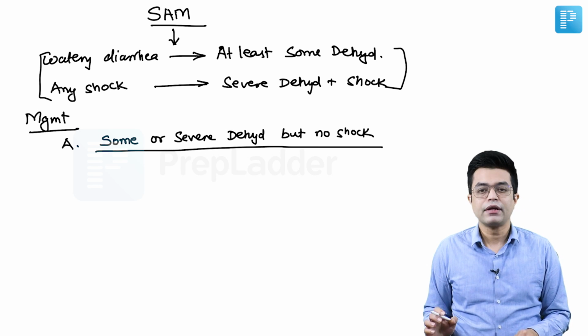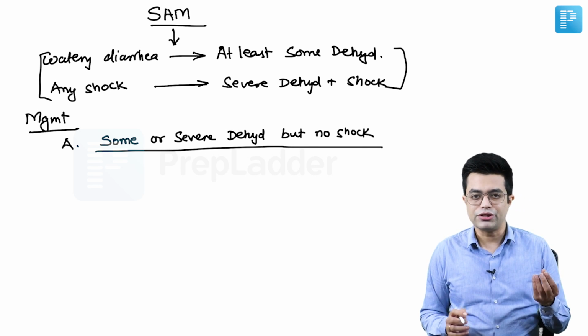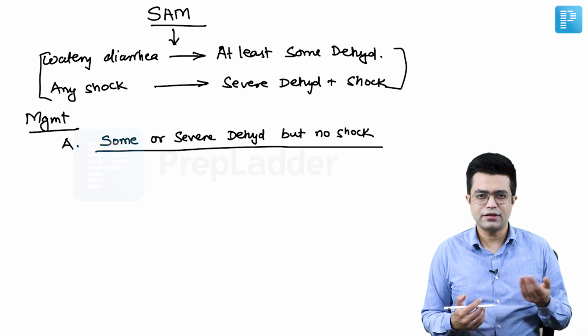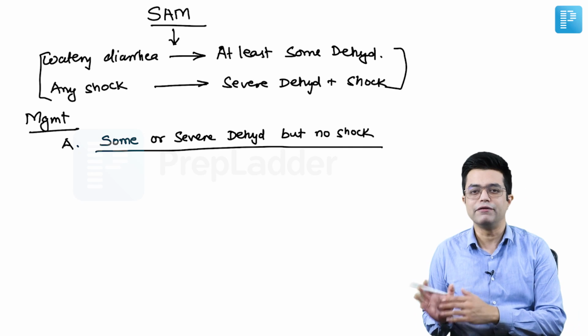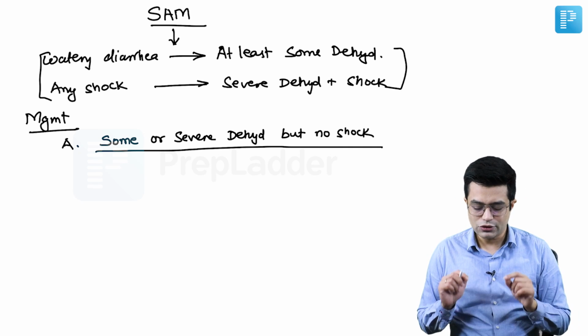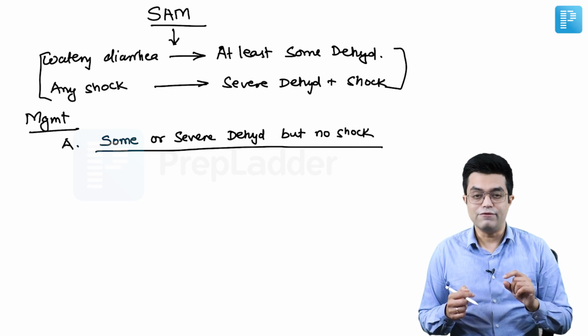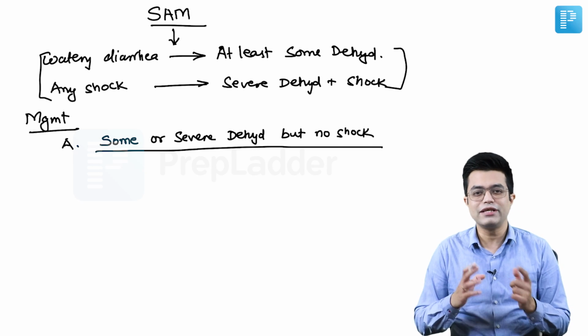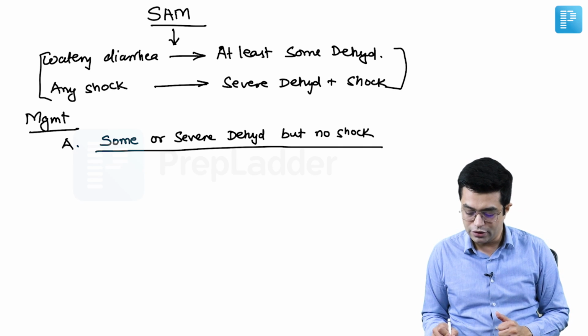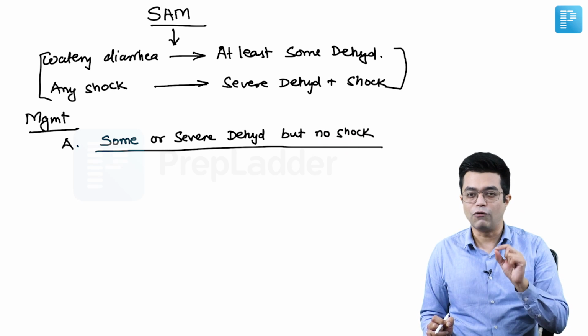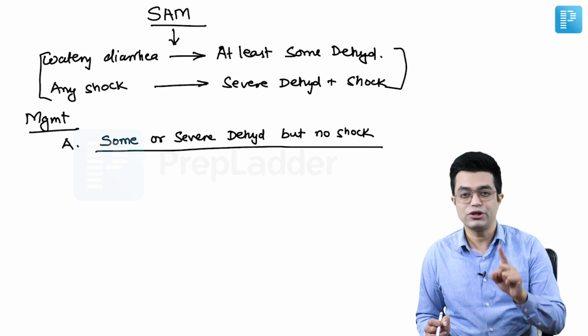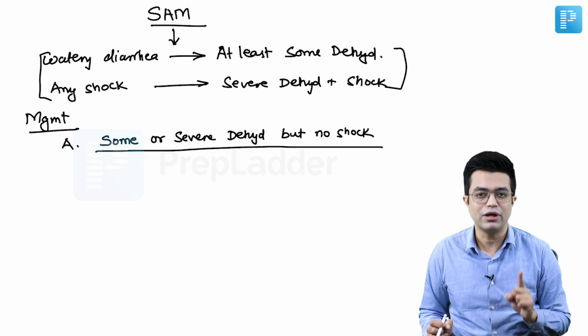Normally, whenever there is some dehydration in a normal child, we give ORS to the child, and whenever there is severe dehydration, we use IV fluid, right? But in case of severe acute malnutrition, whether it is some dehydration or severe dehydration, provided there is no shock in the patient, you will use only and only oral fluids. You will avoid using IV fluids in these patients. This is the first concept that you need to understand.